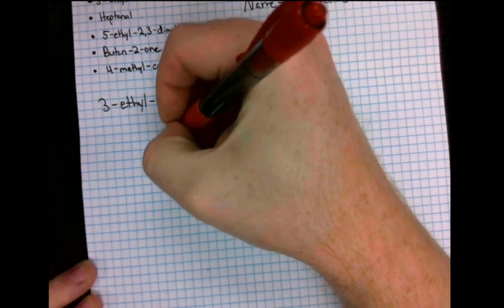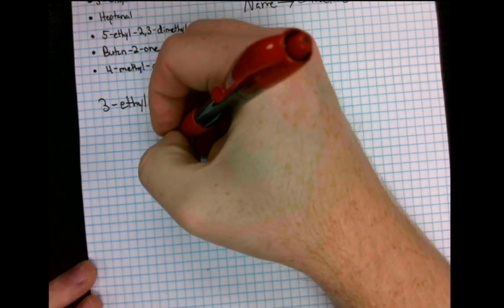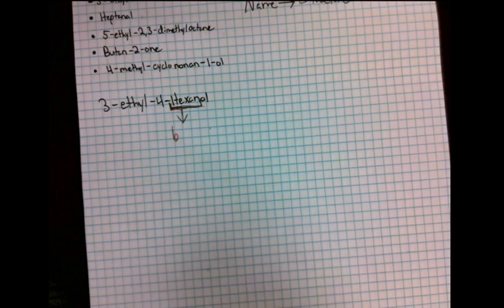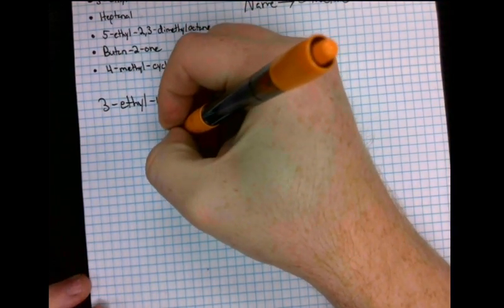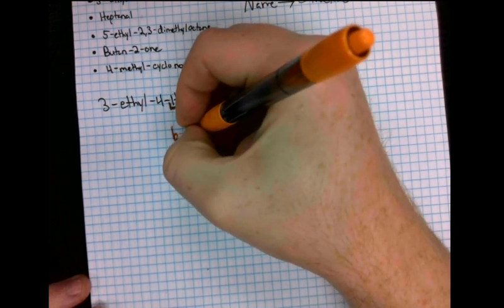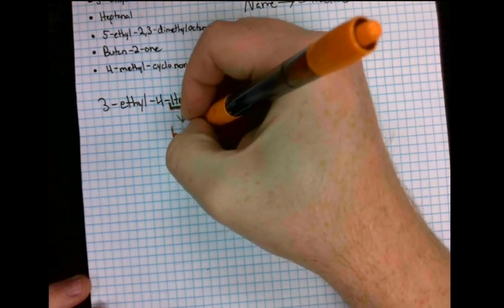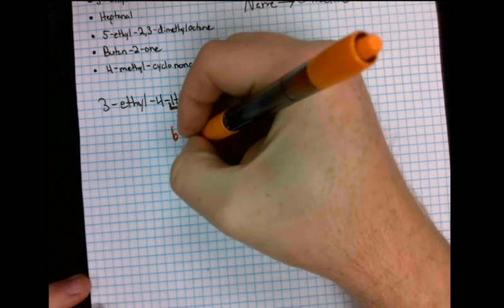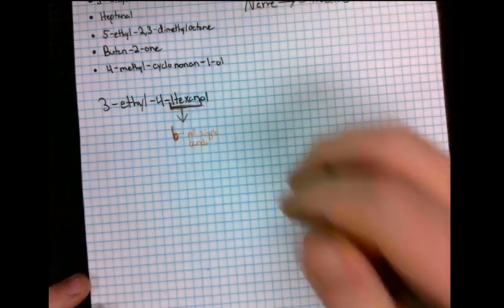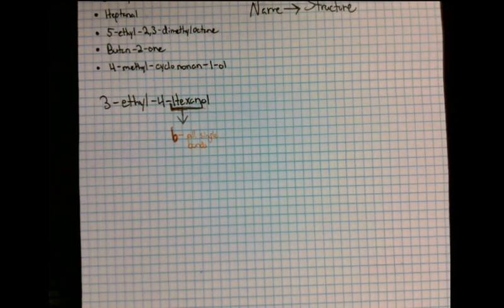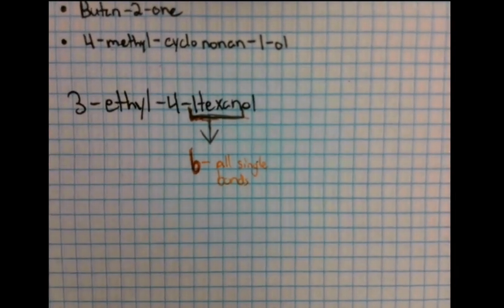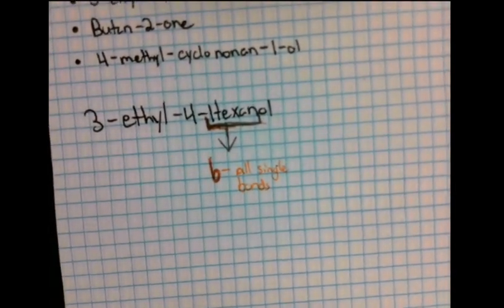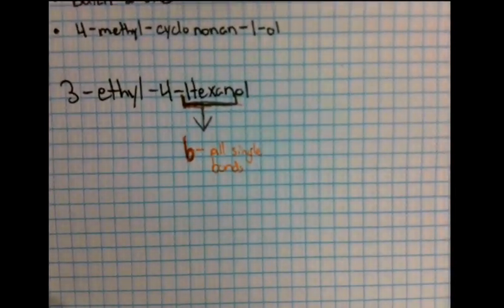Hex means 6, and an means all single bonds. So that's the first piece of information that we've got. Let me zoom in so we can see a little better. So hexan is 6 all single bonded carbons.